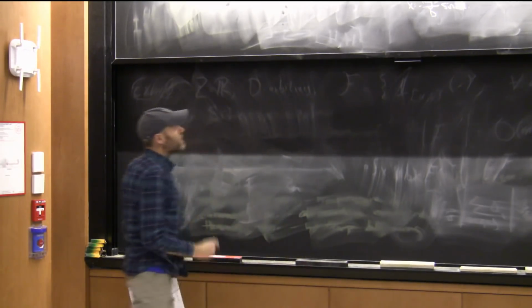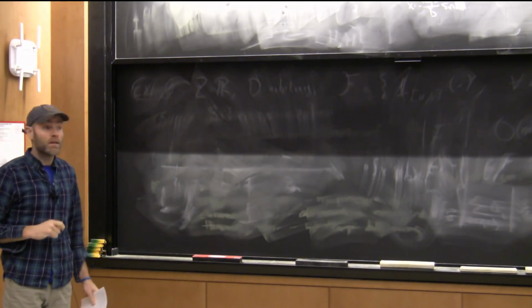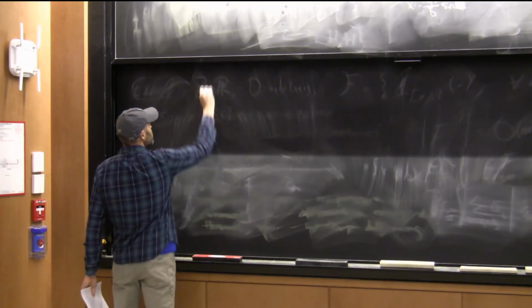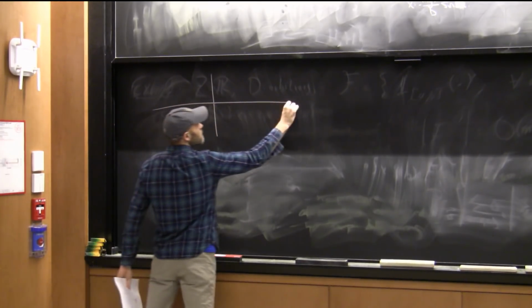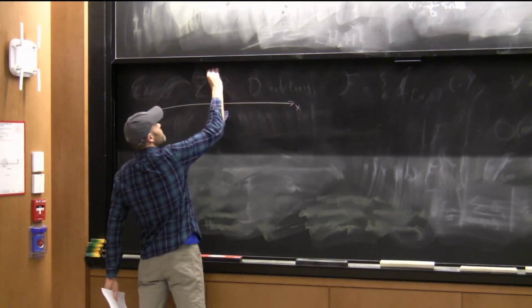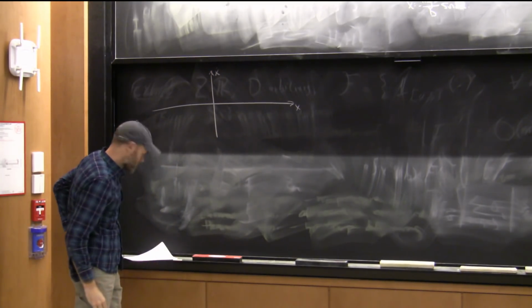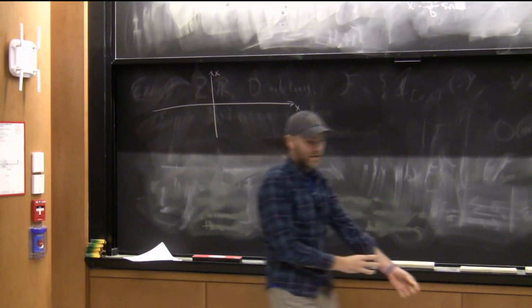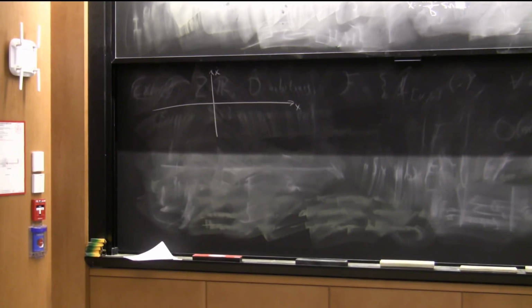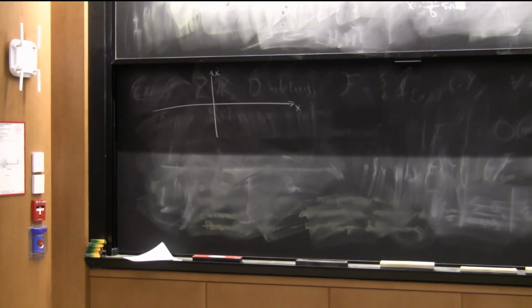Okay, so if I want to understand the long-term behavior of that, then all I need to do is draw it. If I do x versus x dot, colored chalk. Although it's a pretty sad box of colored chalk, we only have a couple colors today.